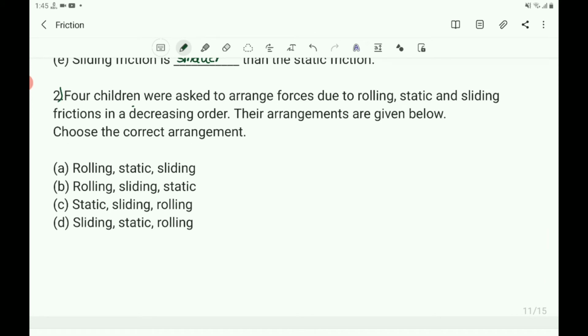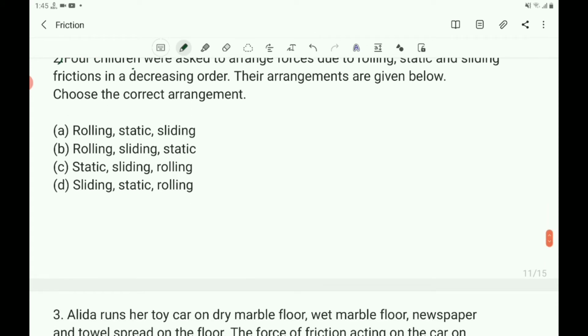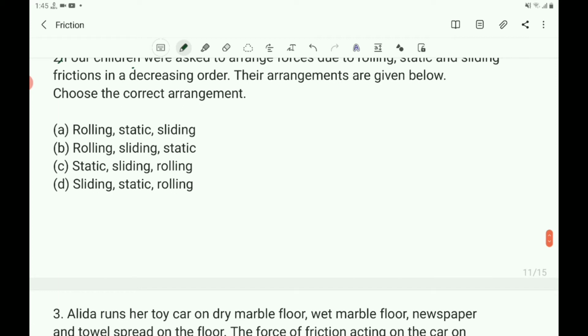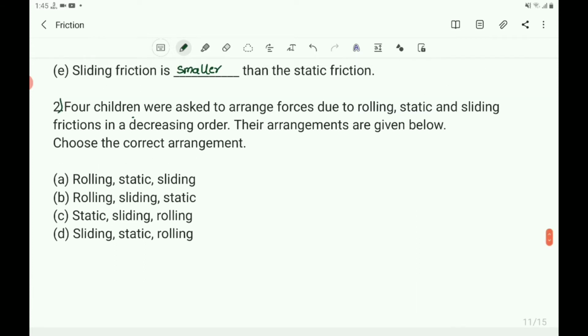B: rolling, sliding, static. C: static, sliding, rolling. D: sliding, static, rolling. Here we have to write the forces due to friction in decreasing order.